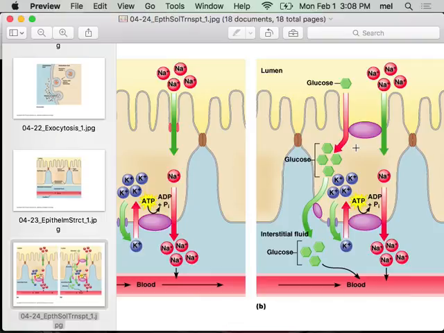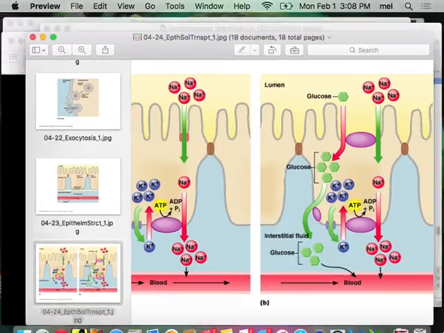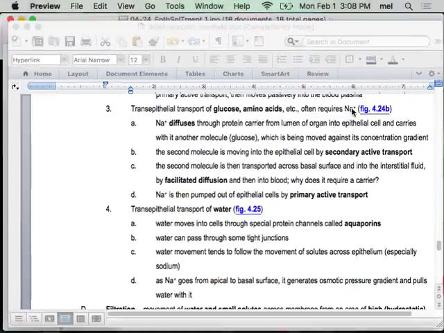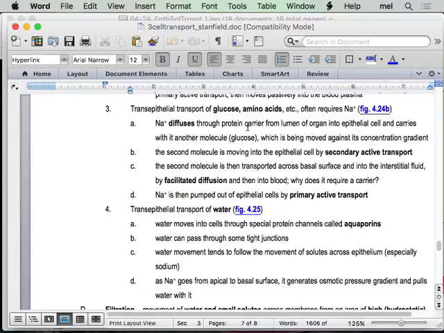So maybe next time it won't be glucose, but it'll be an amino acid, right? And the amino acid would also be mid-sized and water soluble, right? Okay, so this mechanism right here is basically secondary active transport. So that's transepithelial transport of glucose, and along my intestinal epithelium I have carriers that have binding sites for sodium and glucose and move them together.